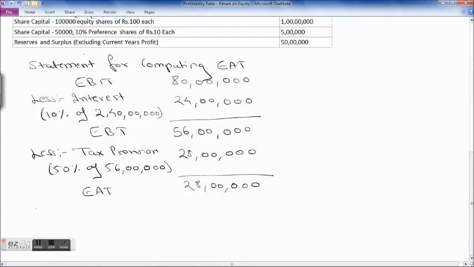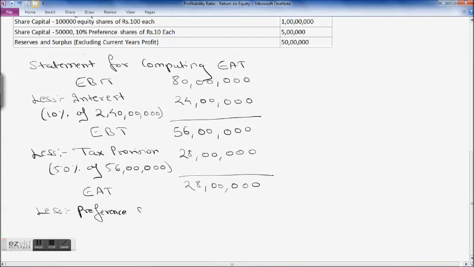Okay, now we will also find out what is the earning available for equity shareholders. So less your preference share dividend. So how much is the preference share dividend? It is 10%.